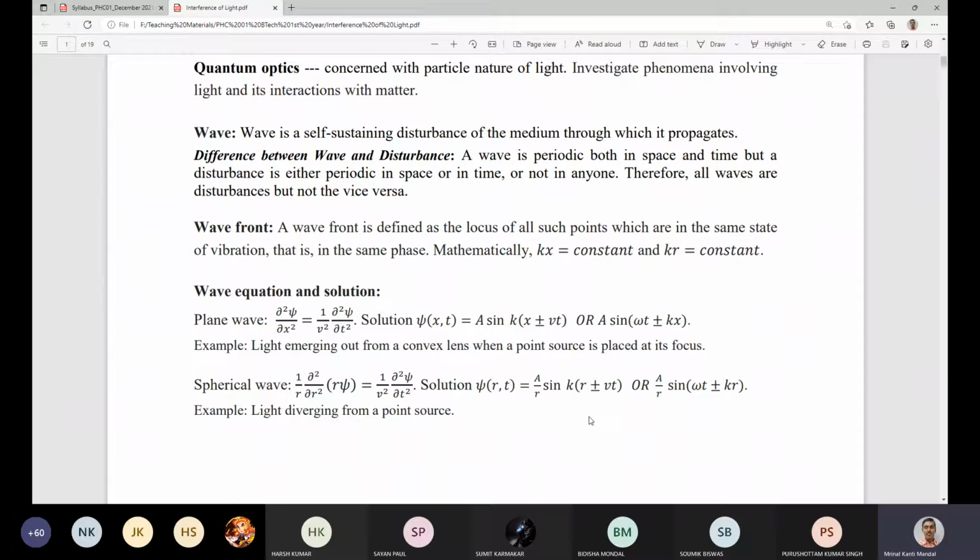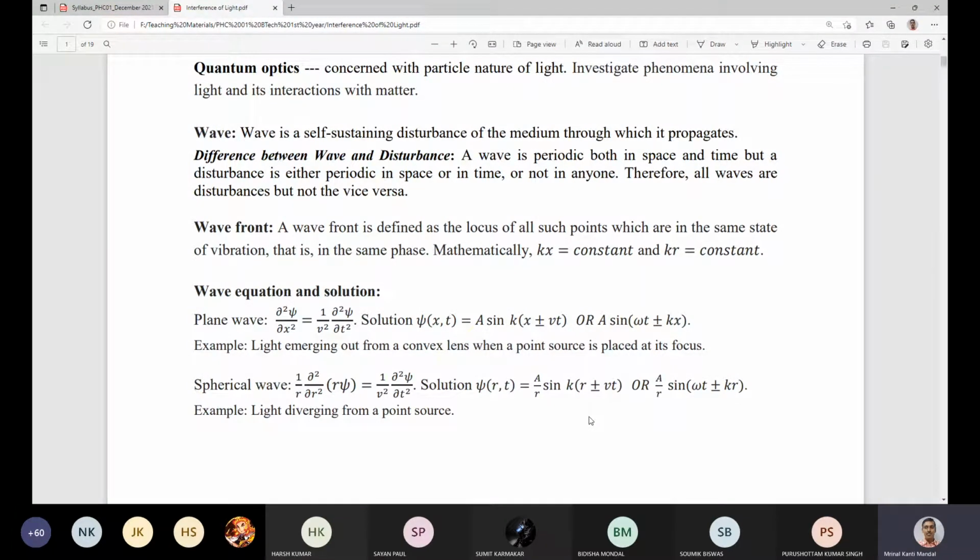Now, what is the main difference between a wave and a disturbance? A wave is periodic both in space and time. We have to remember that a wave is periodic both in space and time. But a disturbance is either periodic in space or in time, or in neither.